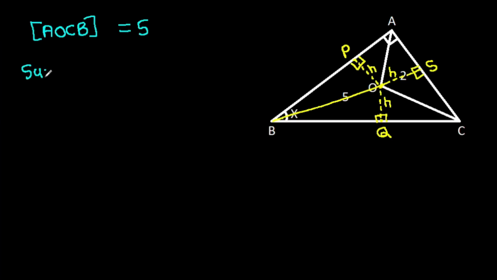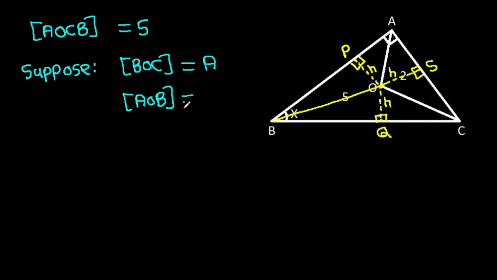Suppose area of BOC is A, then area of AOB will be 5 minus A.